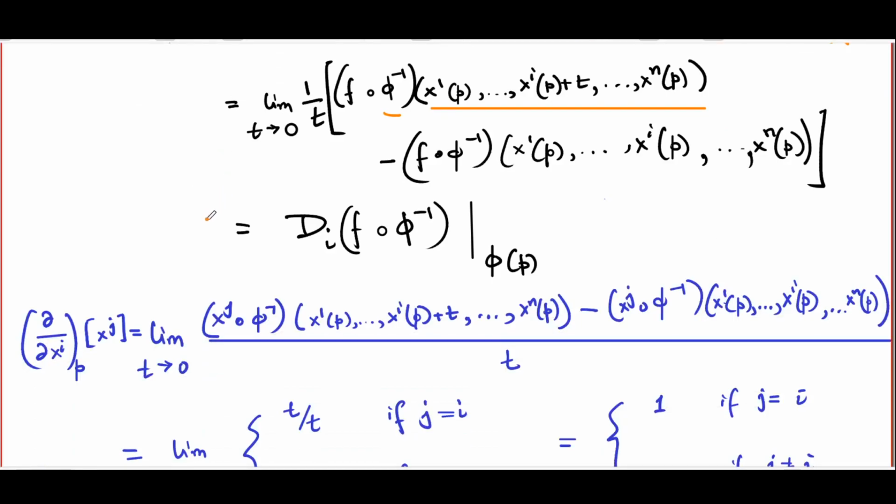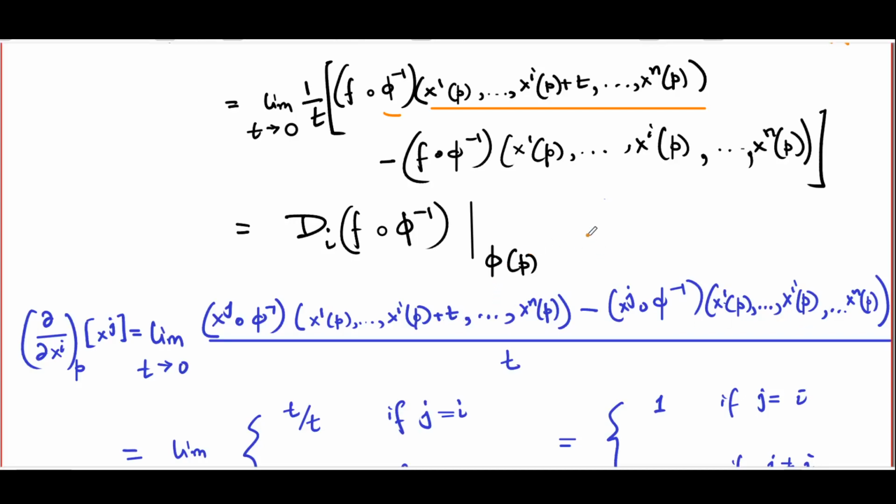If I take this formula and instead of f just use xj, what you're going to calculate ultimately is the limit as t goes to 0 of this ratio: 1 over t times the difference of xj composite phi inverse at this bunch of coordinates with the ith coordinate changed by t and the original value of xj composite phi inverse at the coordinates of the point P itself. Now if j is equal to i, then this particular result is going to be simply xip plus t, and this of course is just xip.